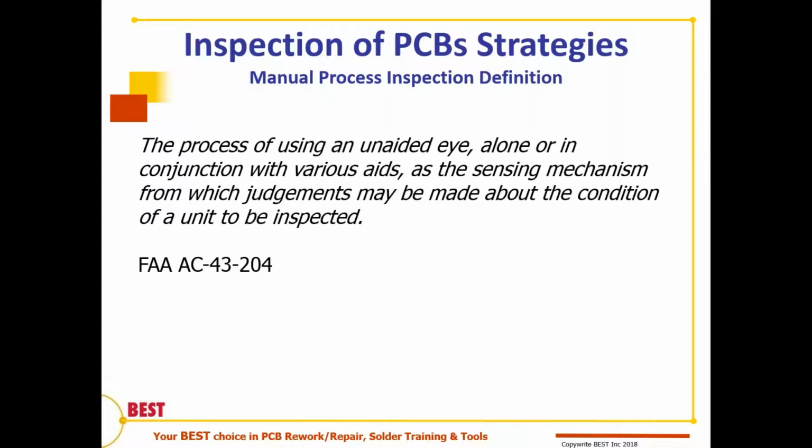And so what we're talking about is the process of using an unaided eye, either with various aids or alone, as the sensing mechanism from which judgments are made so that a condition can be determined while we are inspecting it. So some type of call, and in the case of printed circuit board assemblies, we talk about process indicators, we talk about defects, we'll talk about all those things in this session.